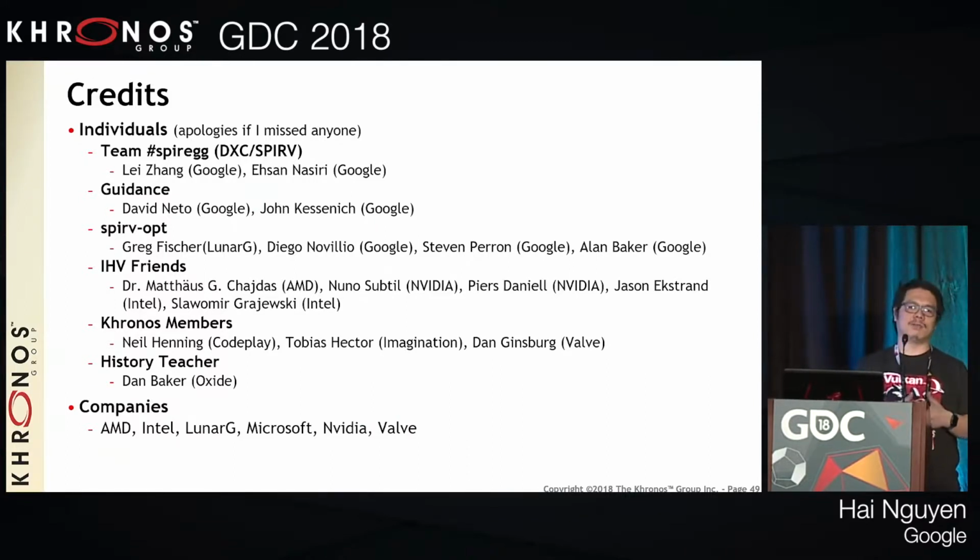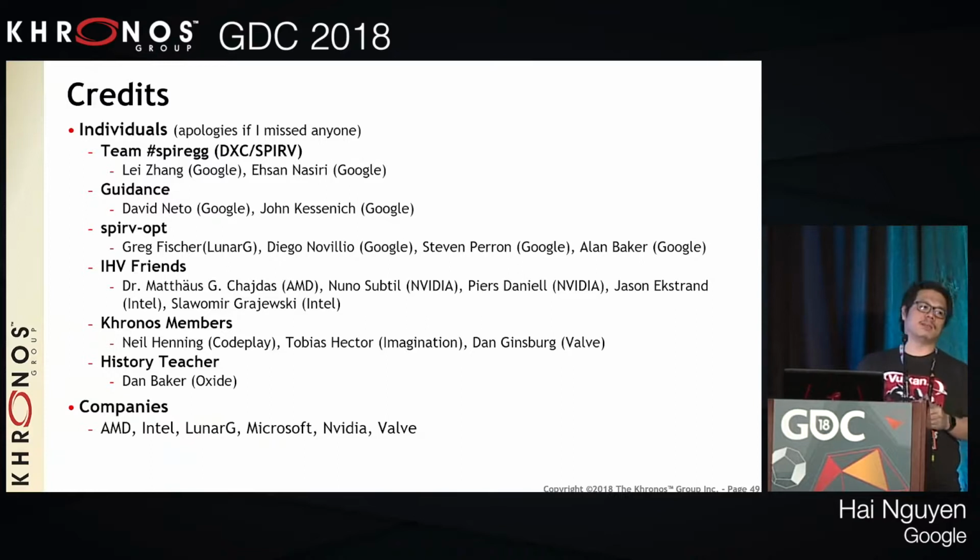The legalization stuff actually started as a conversation between Dan Ginsberg and myself pretty much the first time we met. And then that kicked off the entire workflow of how I got started. Neil Henning has provided a lot of input onto SPIR-V, how SPIR-V should be structured in the code gen.